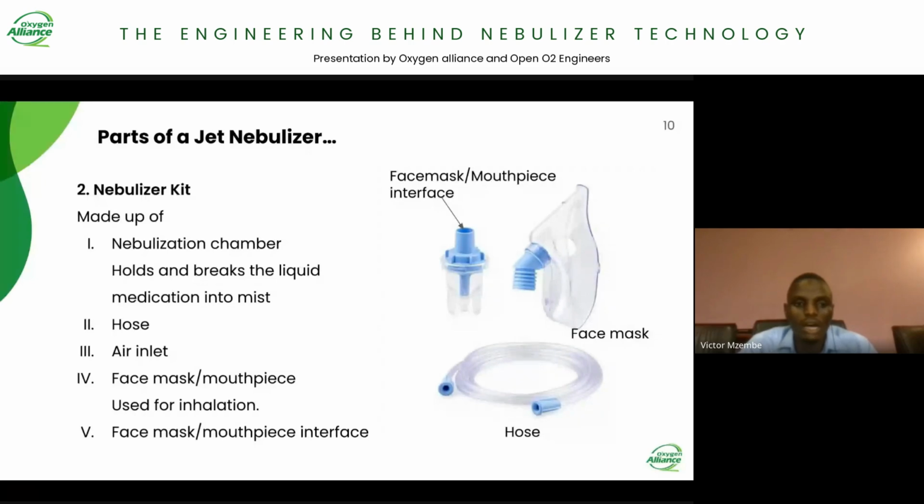And lastly, we have a face mask or mouthpiece interface, located at the top of the nebulizer cap. To the right of the slides, we have diagrams showing some of these parts. We have a face mask or mouthpiece interface pointed on the top of the nebulizer cap, and then we have the face mask and the hose.